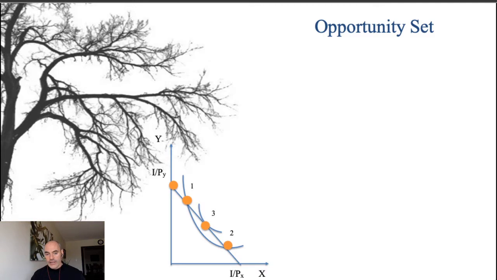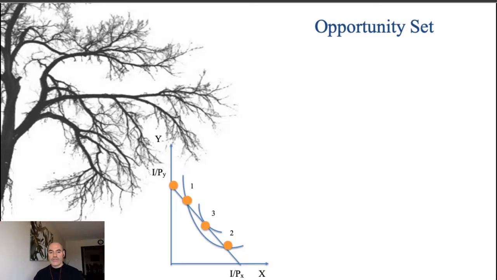Look at two indifference curves that are illustrated in front of you, and there are point 1, 2, and 3. All 3 points lie on the same budget constraint. Are they equally desirable? The answer is no, because point 3 is the best since it lies on the higher level of utility.